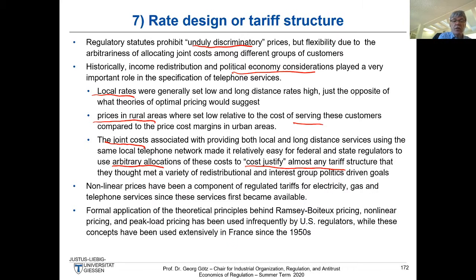In France, I mentioned Marcel Boiteux to you. Ramsey-Boiteux pricing has been used. In the US, much less. In Germany, I gave you this example of the setting of railway access track charges, where we use something like Ramsey prices right now. Okay, but that's something we discussed before.